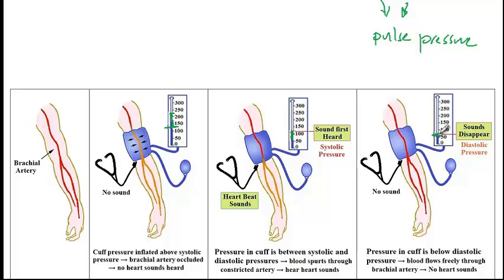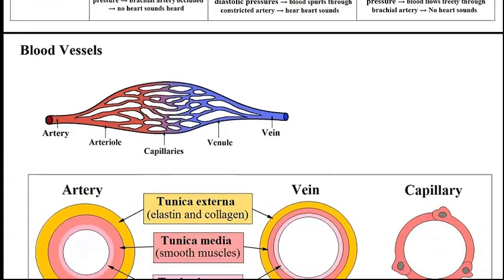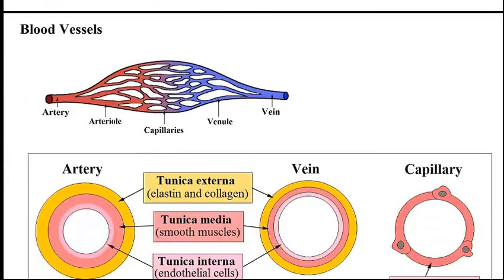And this second point where the sound disappears represents the diastolic pressure, which in this situation is about 70. So this patient has a blood pressure of about, let's say, 110 millimeter mercury systolic over 70 millimeter mercury diastolic pressure.